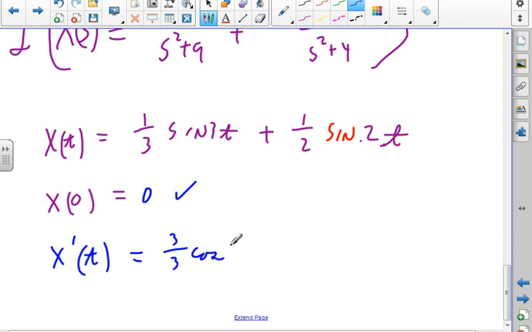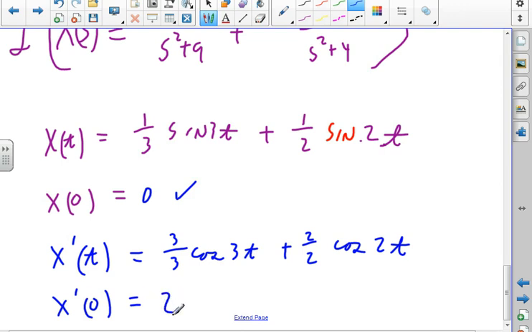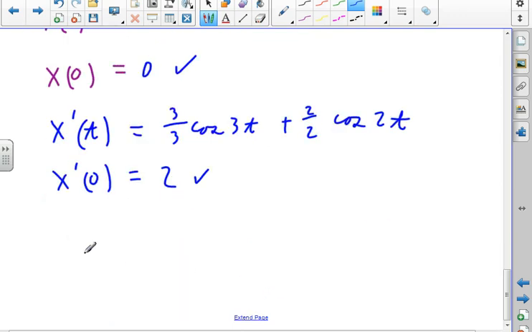X prime of t is 3/3 cosine 3t plus 2/2 cosine 2t. X prime at 0 is 2. Is x prime at 0 supposed to be 2? Yes. Thank you very much. X double prime at t is minus 3 sine 3t minus 2 sine 2t.